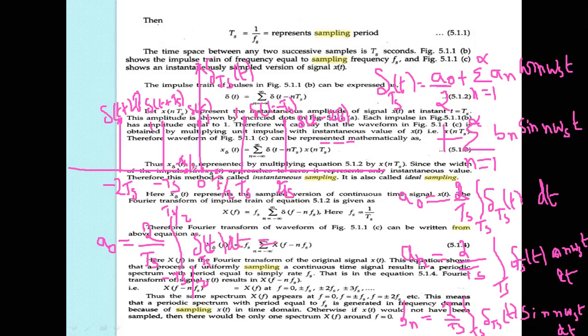Only one value, which gives 2 by Ts, between minus Ts by 2 and Ts by 2. The value is only at t is equal to 0, so 1 at t is equal to 0. Delta of t gives 2 by Ts. A naught is equal to 2 by Ts. Keep that in mind: a naught is equal to 2 by Ts.